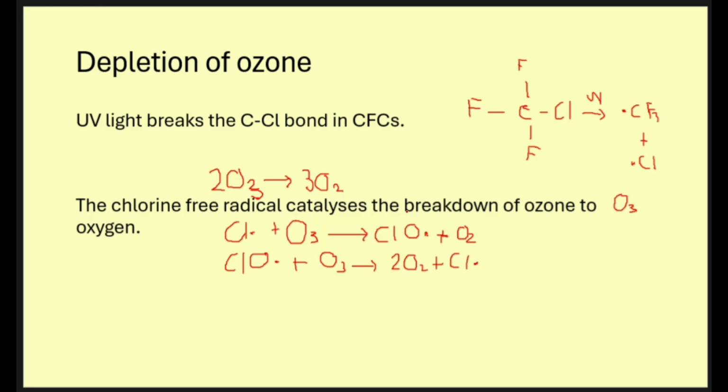So the cycle just goes on and it's a bit endless, which is why we've had to introduce these new measures and create hydrofluorocarbons so that this doesn't happen, because once these chlorine free radicals are in the atmosphere, once they've been broken down by UV, there's not much we can do to then stop them breaking it down and catalysing. And luckily, after COVID, when people stopped going out and we stopped using these aerosols and solvents in refrigerators, the ozone layer healed a little bit, but it's still very important and a big scientific breakthrough to understand this process.